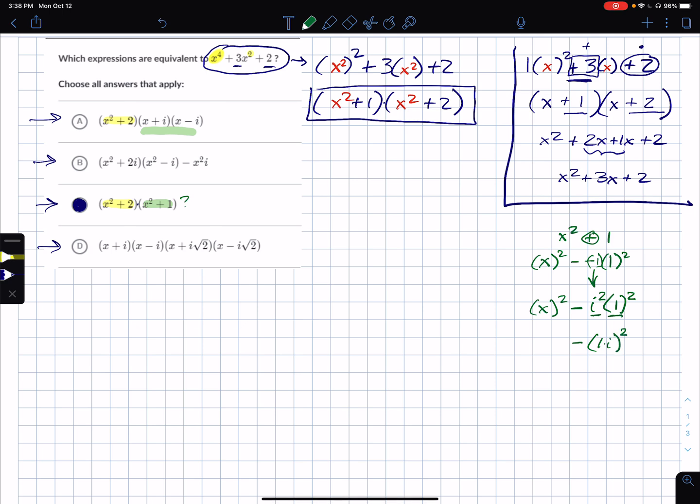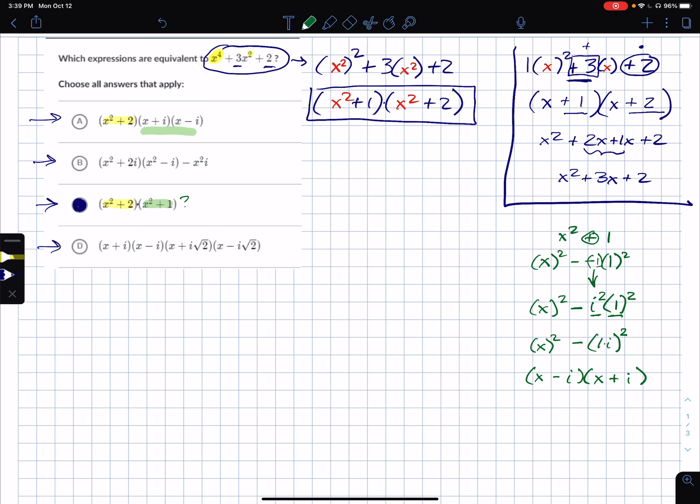And they're both squared. So now I've got this difference of squares factor pattern that I can pop apart with that conjugate look we've seen time and again. And so that'll be x and i.